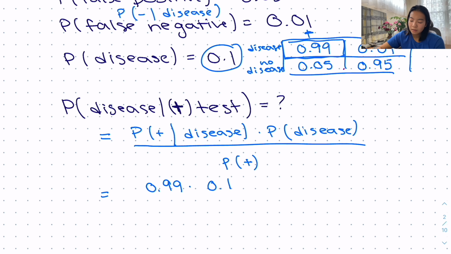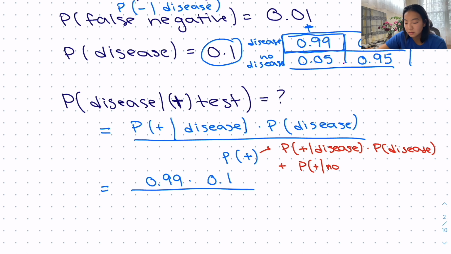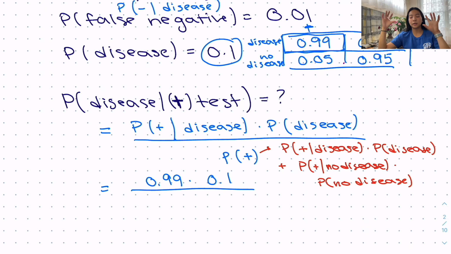Okay? And then the probability that I have a positive test at all should be, okay, what is the probability that I have a positive test given that I actually have the disease and then having the disease? And then the other case where the probability of me having a positive test given no disease times the probability of not actually having a disease. Okay, so I can expand that probability of having a positive test out into these two different cases.